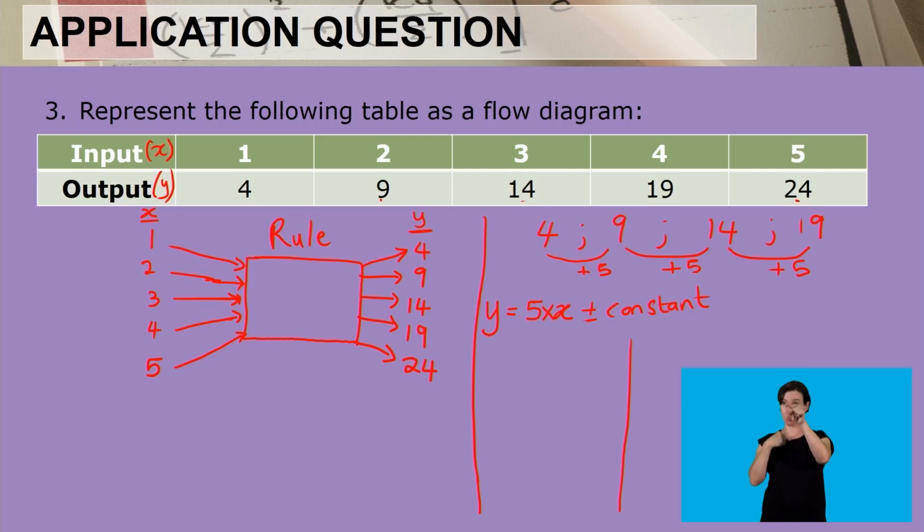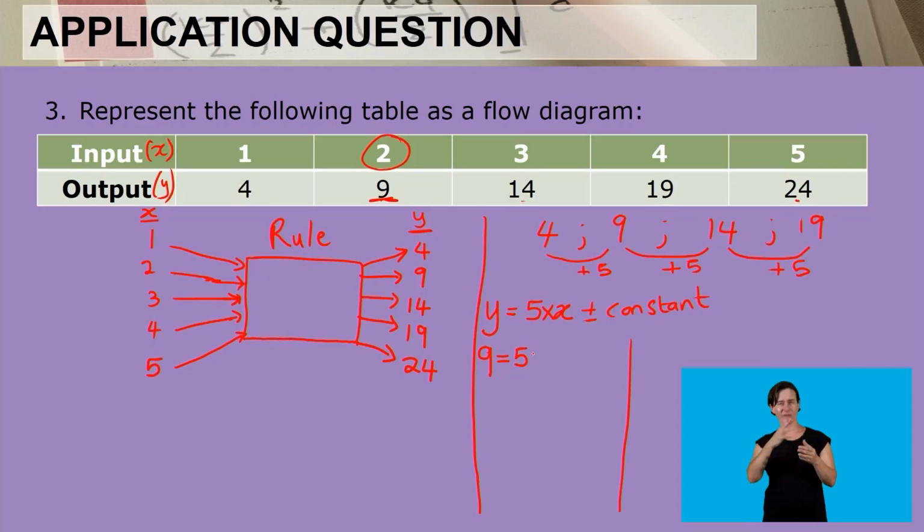So we are going to use the input value of 2, which has an output value of 9. So 9 is the output value, which is in the place of the Y. And we know that the input value is going to be multiplied by 5. 5, remember, comes from that constant difference.